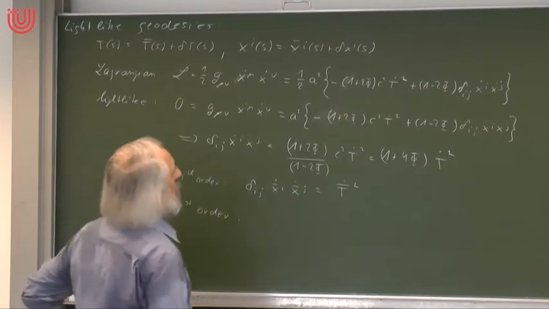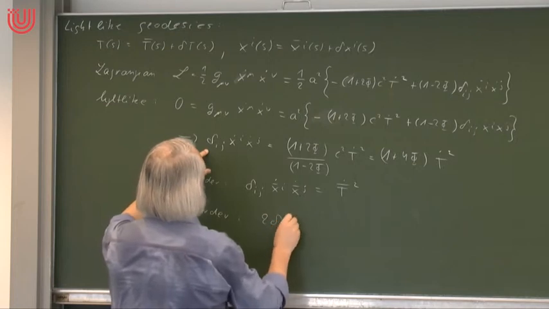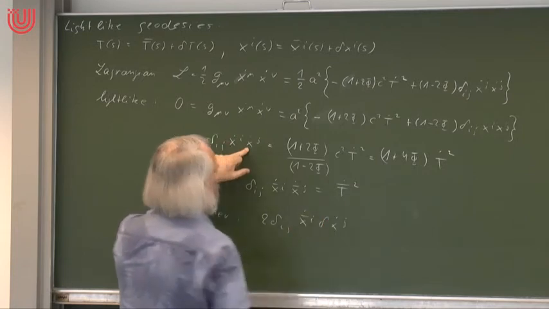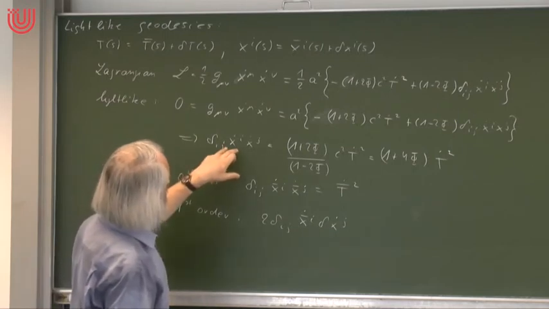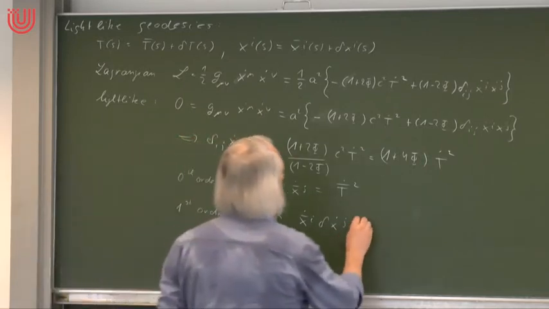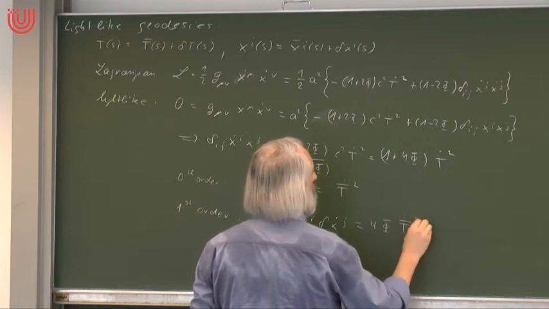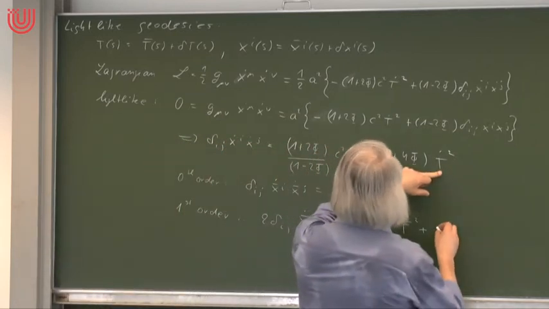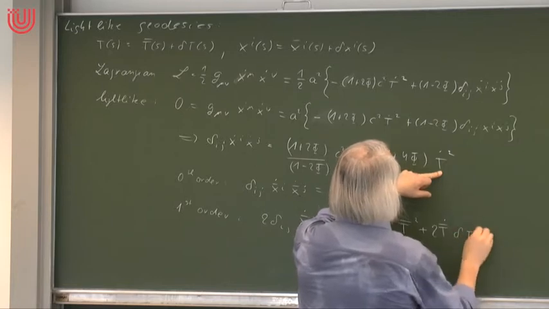In first order, this is a mixed term, right? So I get 2 times delta ij xi dot delta xj dot. The next term is then already quadratic, so I drop it. And here I have 4 phi t bar dot squared plus the linear term from this here, t bar squared 2 times delta t dot.